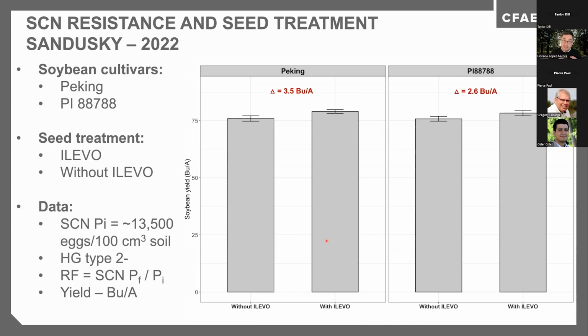And this is great. And this is the idea of that integrated management approach. We're using an efficient source of resistance, in this case Peking, to reduce the population of soybean cyst nematode. But at the same time, we're protecting the root and the health of the root of the soybean to increase yield overall.